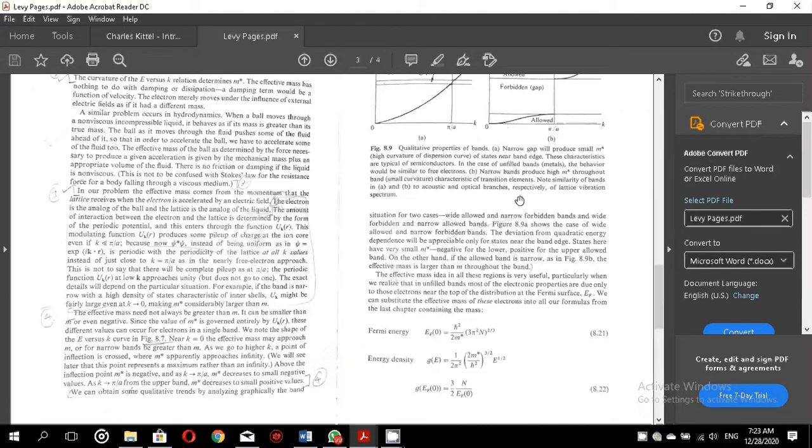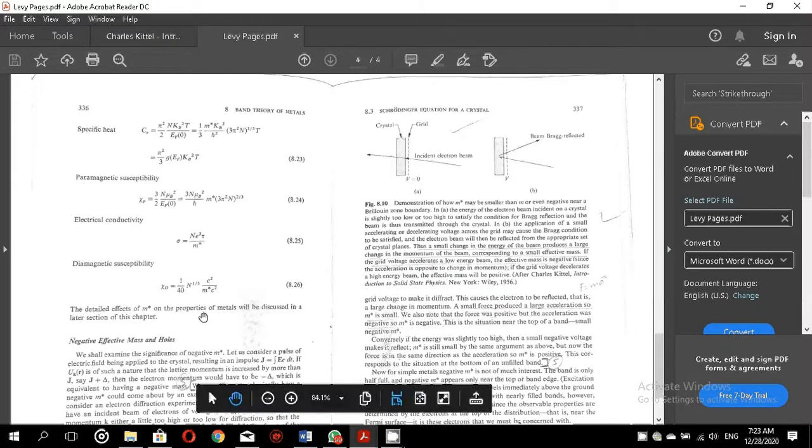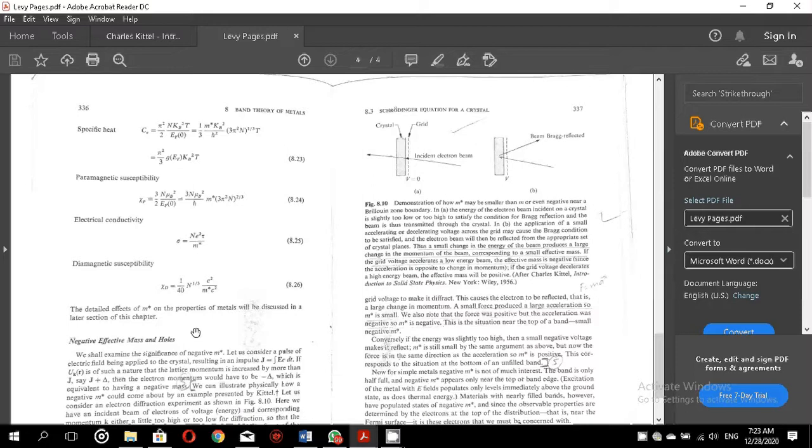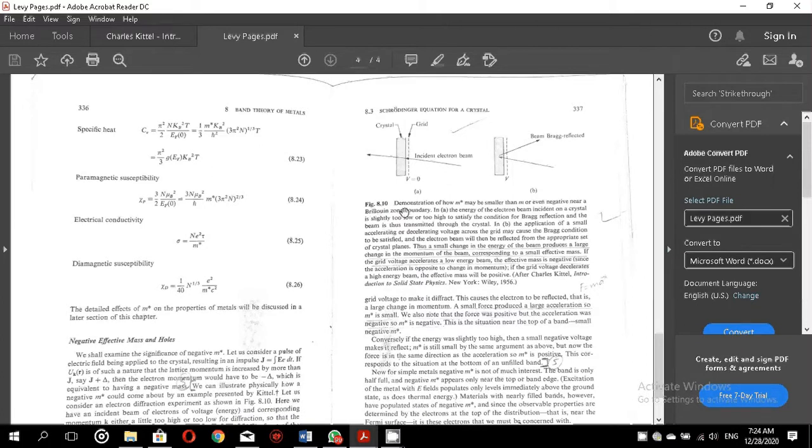Here at page 336, the negative effective mass and the holes are discussed, that is, why the effective mass is negative for the holes, and there is an explanation given if you consult this diagram, figure 8.10, which demonstrates how m star may be smaller than m or even negative near a Brillouin zone boundary.